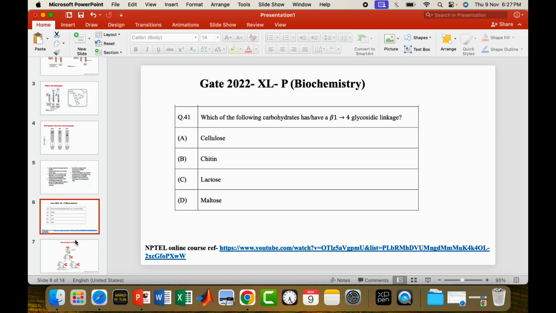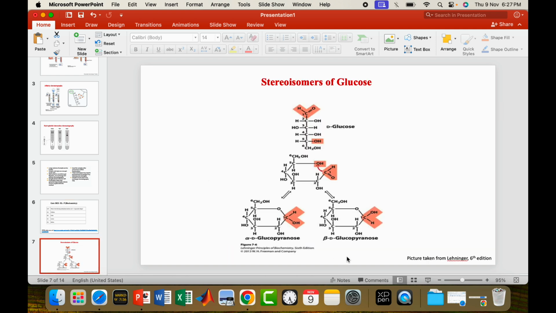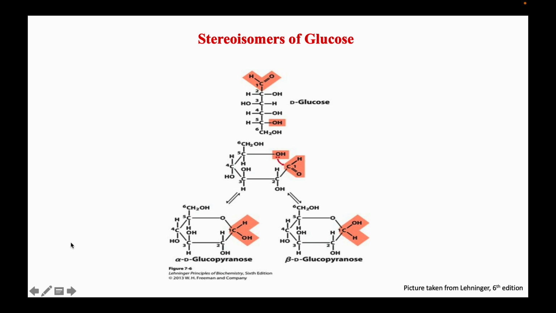So first we'll understand what these beta-1,4 glycosidic linkages are. Here we have a glucose molecule. This is the Fischer projection, right? But as you know, glucose is not found in the Fischer projection, but in the cyclic form.